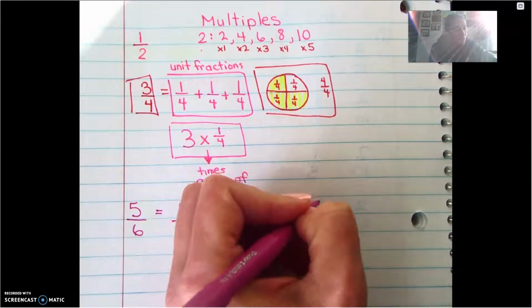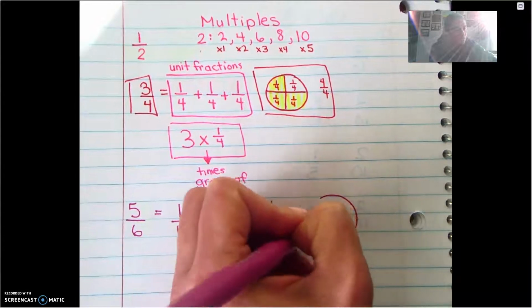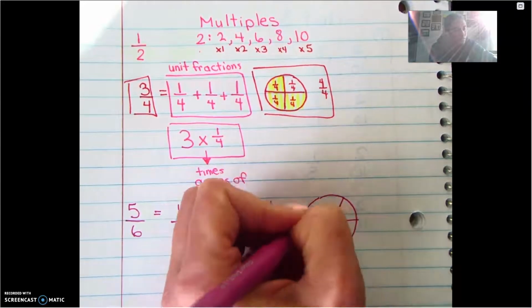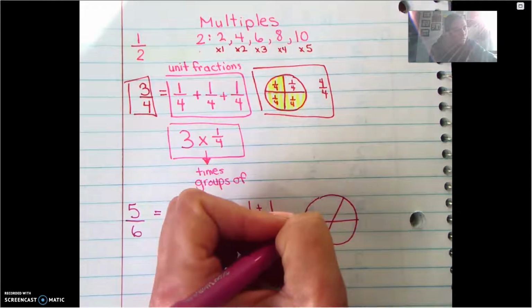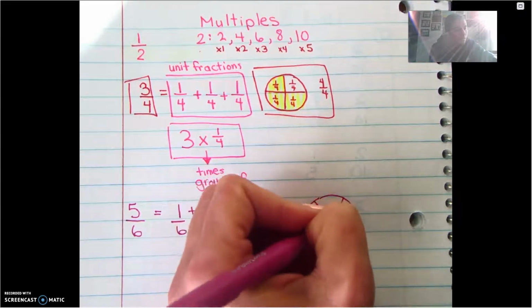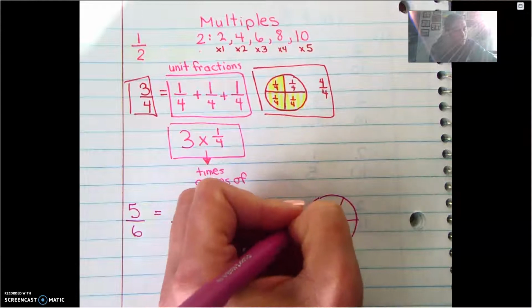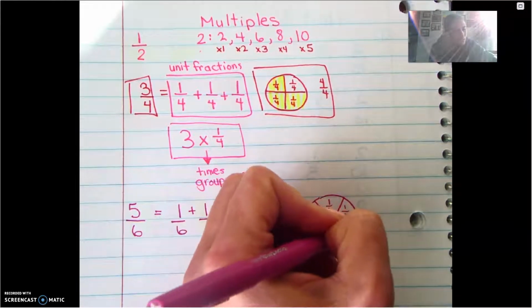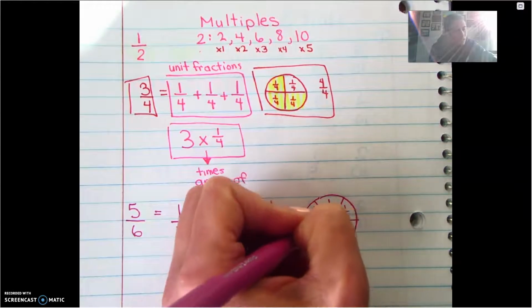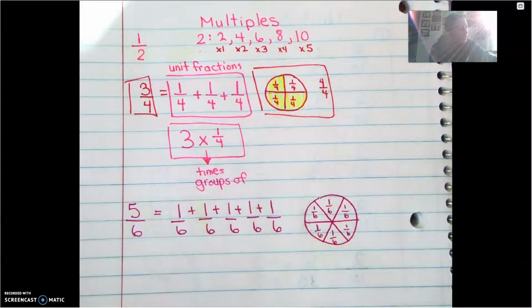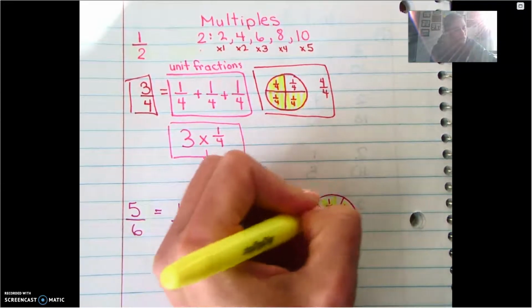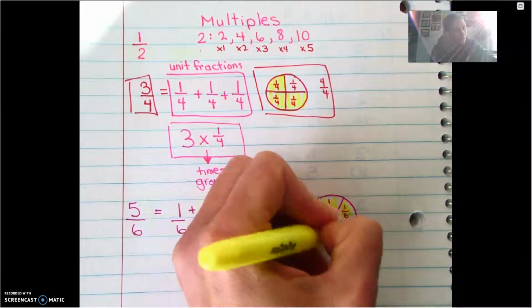So I'm going to go ahead and do my circle. So it's 1/6, 1/6, 1/6, 1/6, 1/6, and 1/6, and I have 5/6, so I'm going to color in my 5. 1, 2, 3, 4, 5.